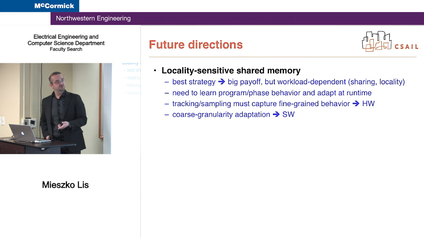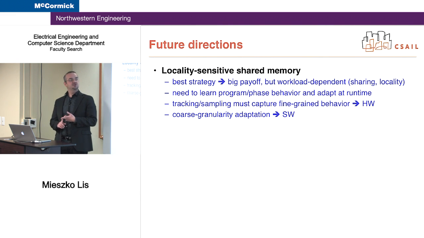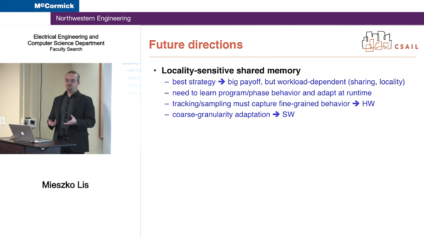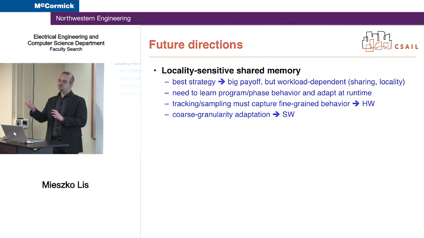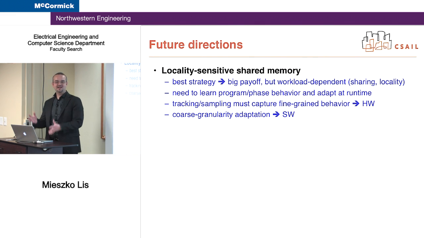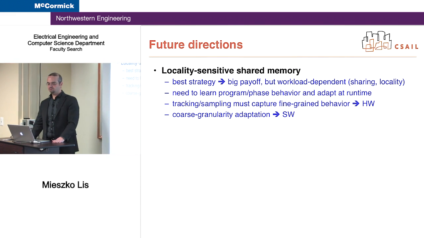But it is very highly dependent on the workload and maybe the actual program phase. So I think we need a system that is able to respond at runtime to the application patterns, right? It's basically adapting to how the application is behaving.